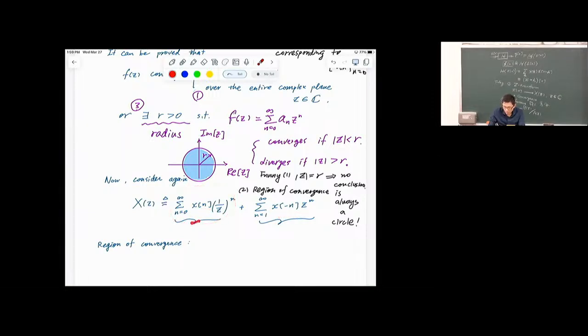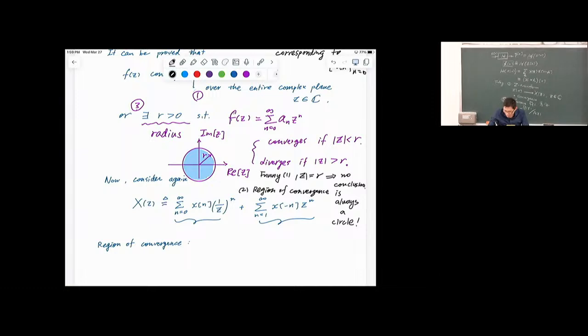One is the positive part, the other is the negative part. And both of them can be regarded as a power series. For sure, this is a power series, because here we have z to the n power, and it's just that the coefficients are x(-n). But this is certainly a power series of z.